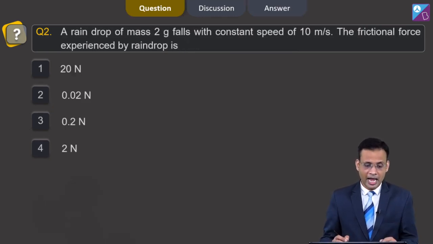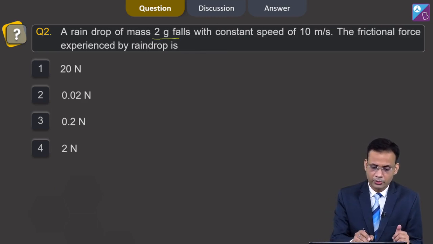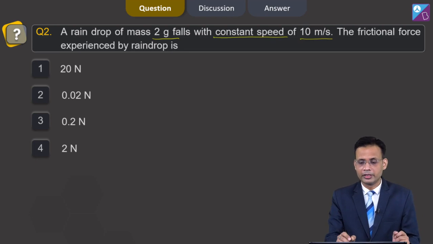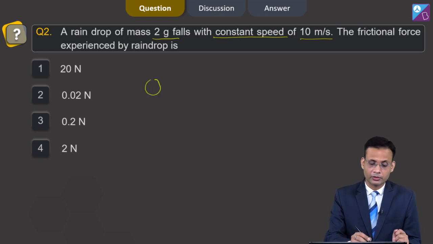It states that a raindrop of mass 2 gram falls with a constant speed of 10 meter per second. The frictional force experienced by the raindrop is. If you look at the forces acting on the raindrop, there are two forces.